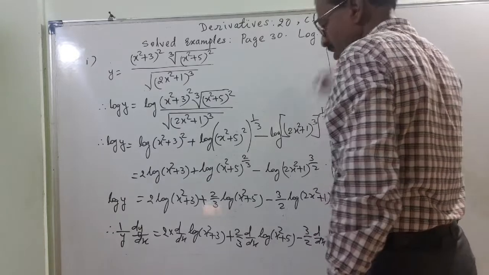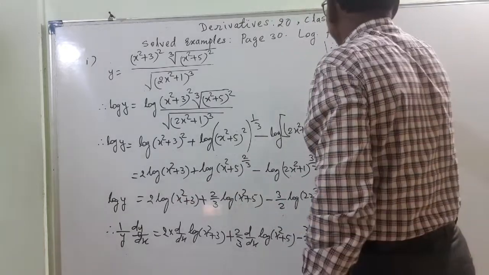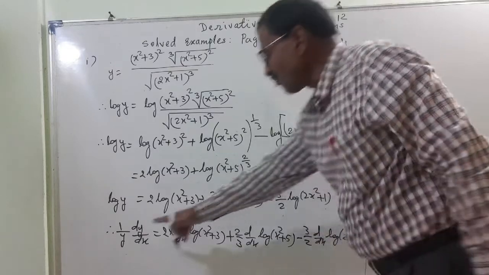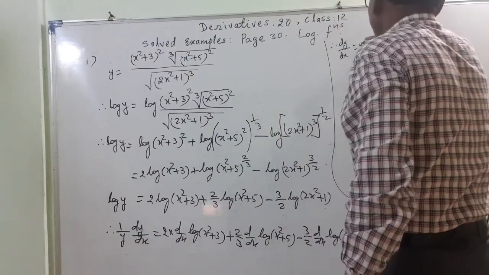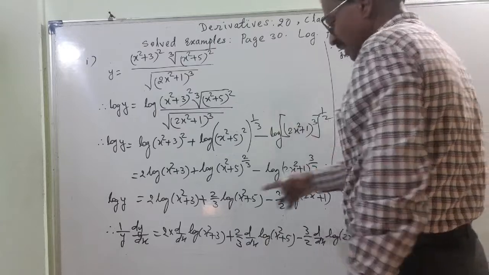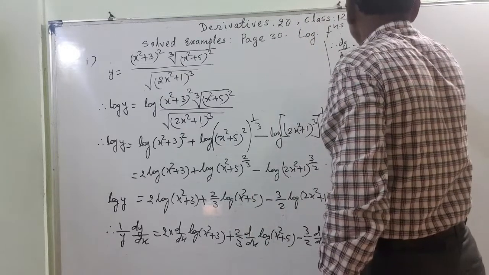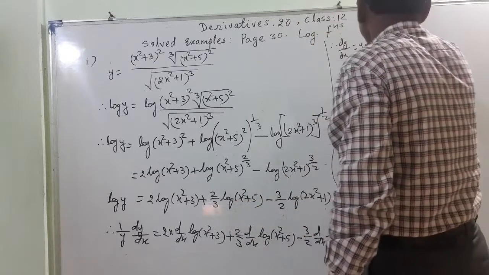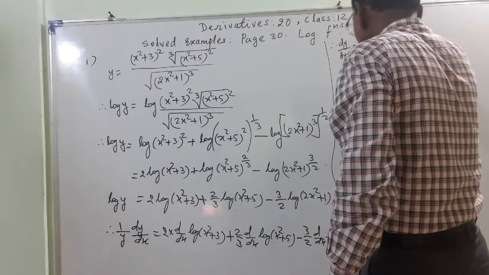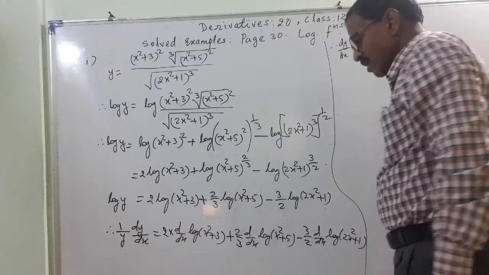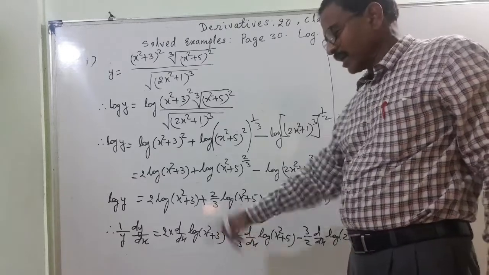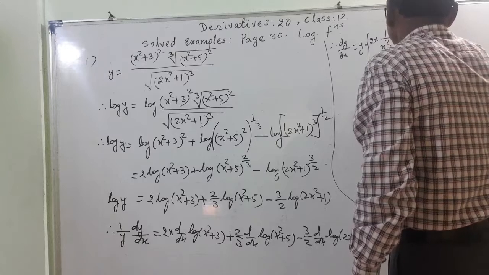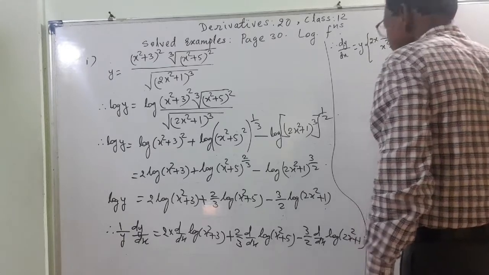Therefore, I am interested in dy by dx. So dy by dx is equal to y, it will become into here, and I will take the derivative of this. 2 into derivative of log is 1 upon, so 1 upon (x square plus 3). But it is not x, so take once again the derivative of and multiply by the derivative of x square plus 3.